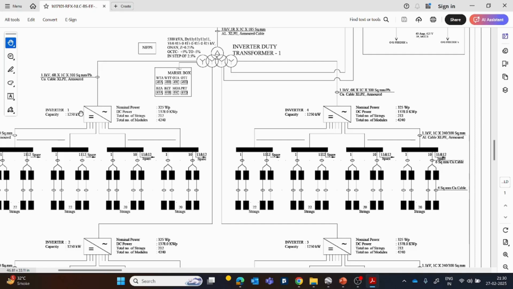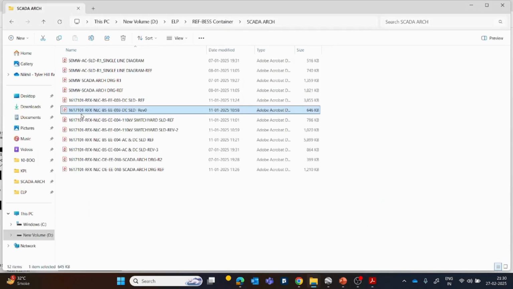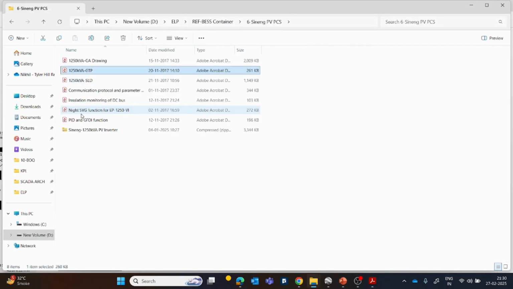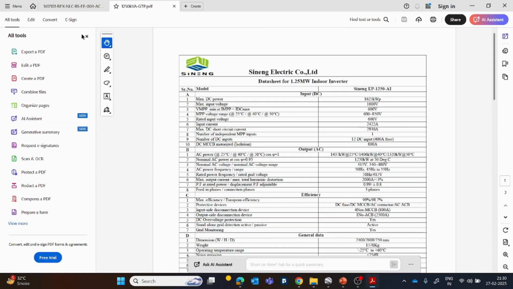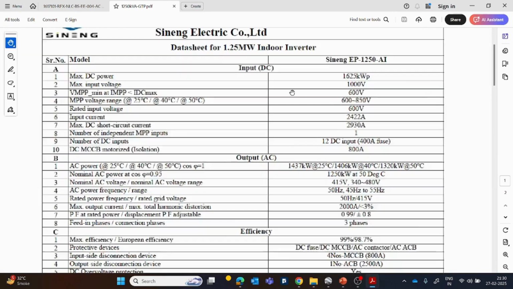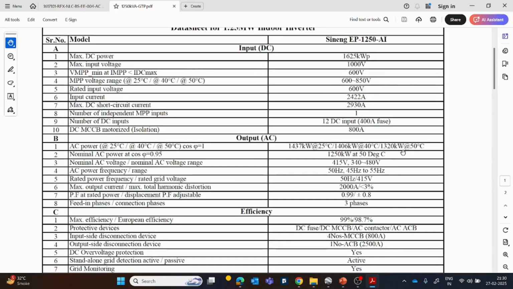Because the nominal, if you all recollect, that inverter was also having a rating of 1360 or something like that. Do you remember that? Let me just open the data sheet also for you. This is that same project data sheet. So can you see 1320?